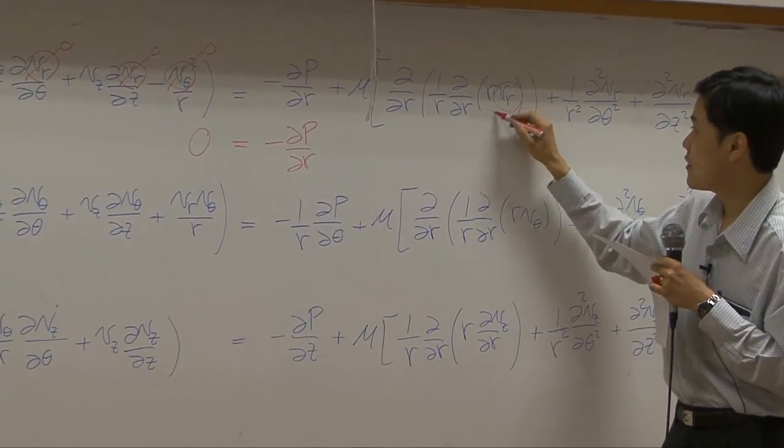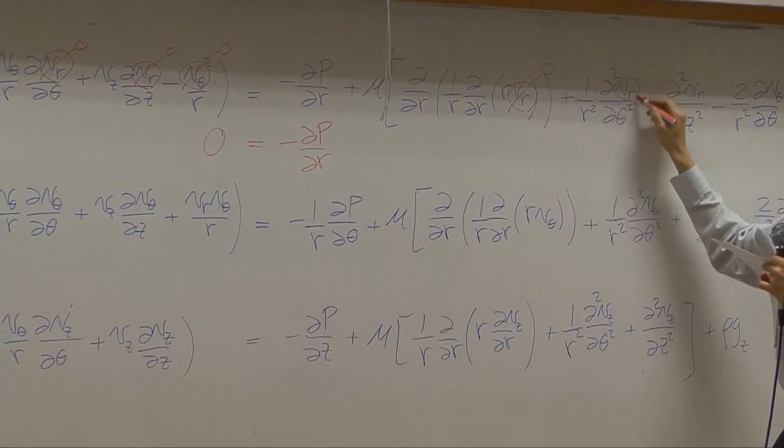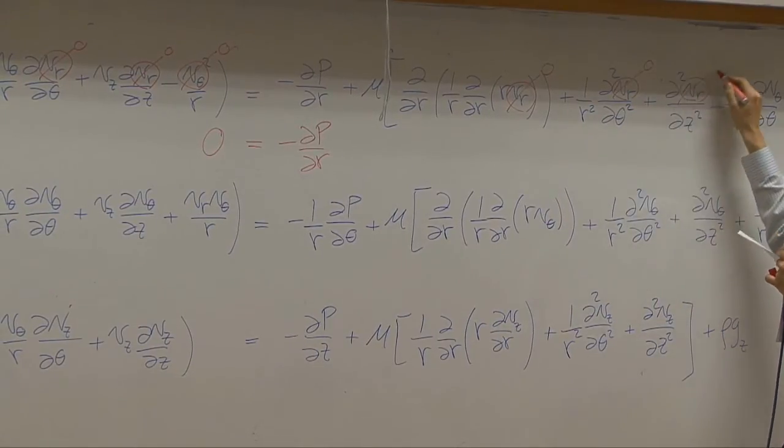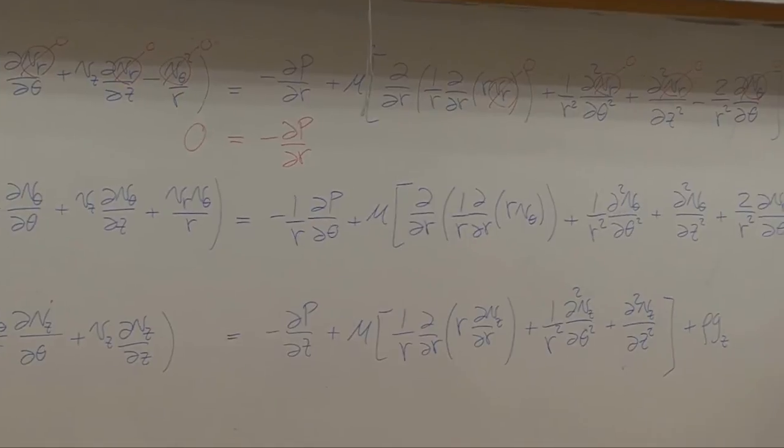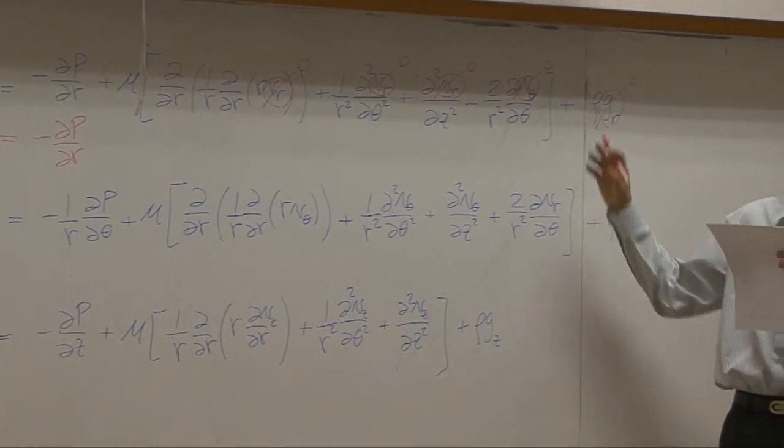VR is 0. So these terms are essentially 0. V theta is 0 as well. Is GR 0? GR is 0. So all the equation that you write, just 0.